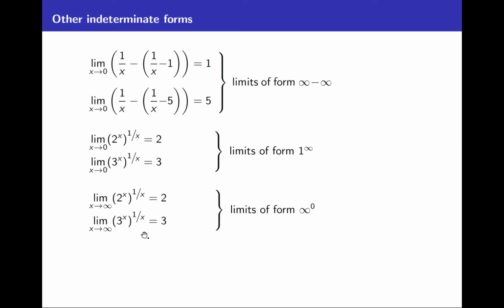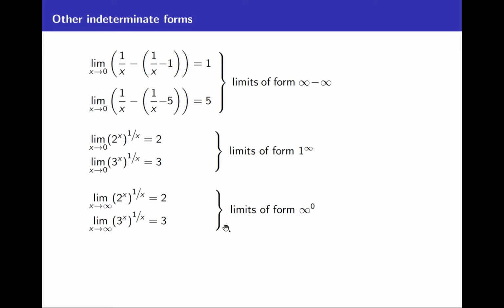So these two limits have the form infinity to the power of 0. The base is going to infinity, the exponent is going to 0. So you can see here that infinity to the power of 0 is an indeterminate form. It doesn't make any sense by itself, but you can have limits that have that form, that are meaningful, that exist, and equal different numbers.